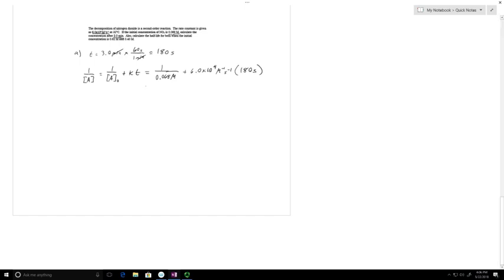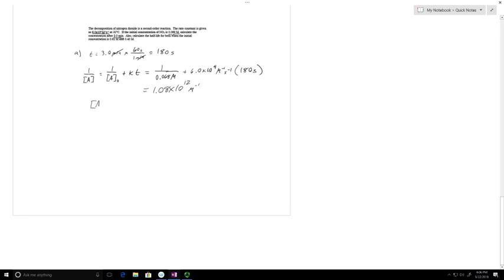Okay, so plugging all that in, we get 1.08 times 10 to the 12th per molar. However, this is relating to 1 over our concentration, and we want our actual concentration.